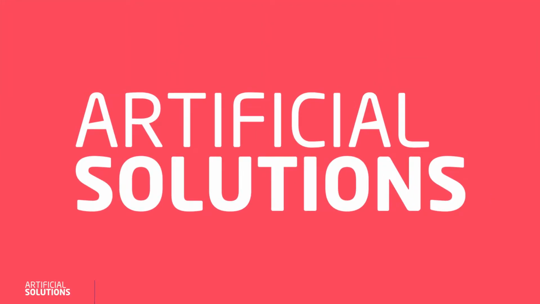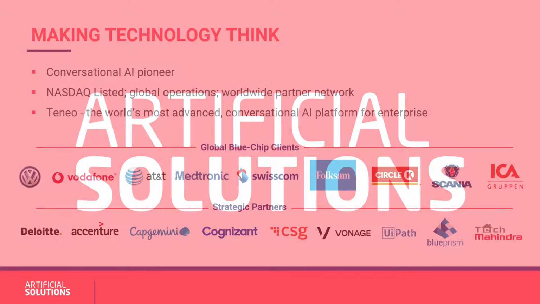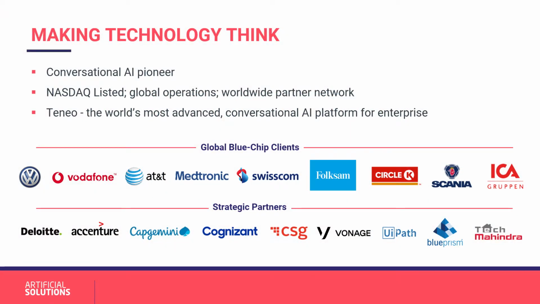Okay, so let me quickly introduce Artificial Solutions. As an organization, we are a NASDAQ-listed company with operations across the US, Europe, and Asia, and we focus on a form of AI that is referred to as conversational AI.